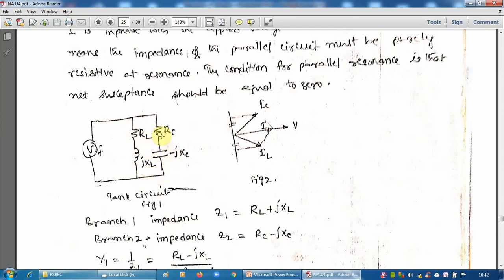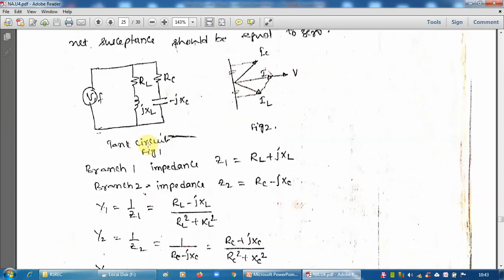So here we consider a parallel circuit consisting of one coil with resistance and inductive reactance, and another branch with a capacitance with a resistance of R. So R, L in series, R, C in series, and this whole combination is in parallel. So this is the parallel circuit.